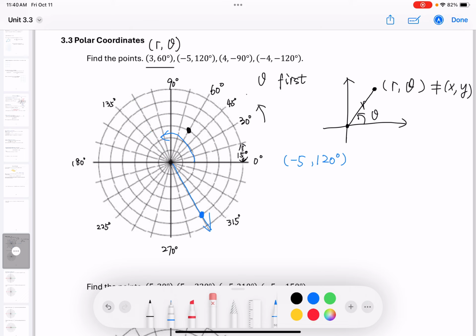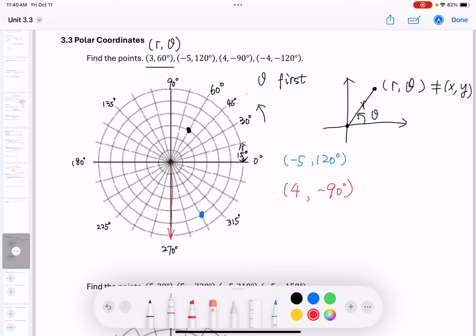We can erase these helping lines and information. The second one, we use this color. And for the third one, let's choose red. We have (+4, -90 degrees). Let's find where the angle -90 degrees is. I'm rotating clockwise, so the terminal side is the straight line here.